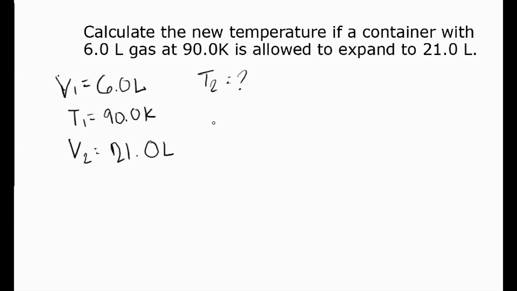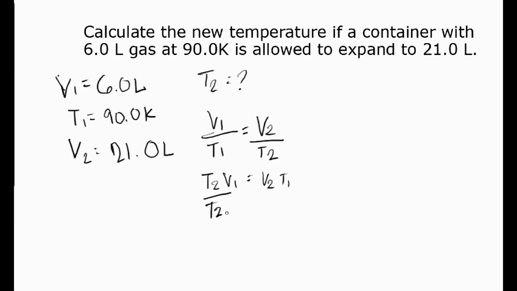Thus, we have the formula V1 over T1 is equal to V2 over T2, and by manipulating the formula, cross multiplication, to isolate the T2, we must divide both sides by V1. So V1 cancels, and we are left with V2 times T1 over V1.